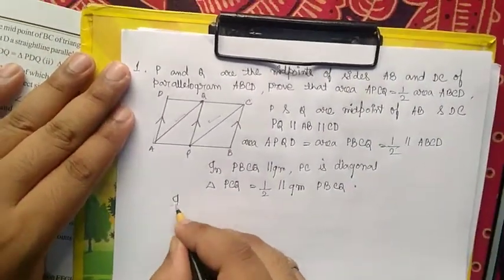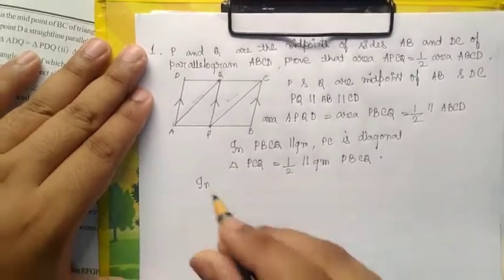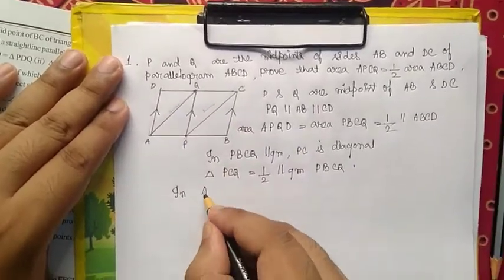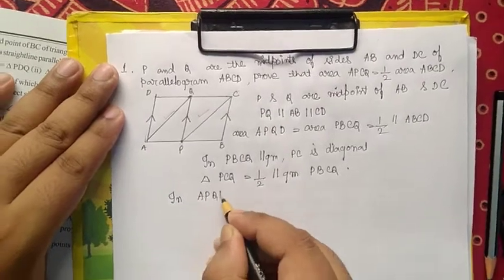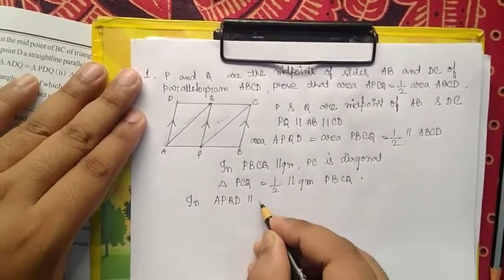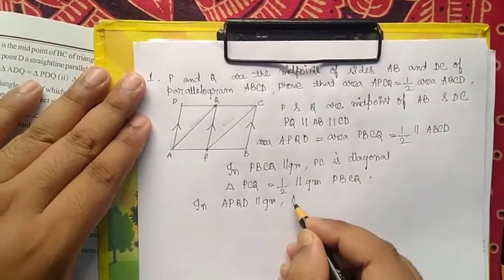Now in parallelogram APQD, AQ is the diagonal.